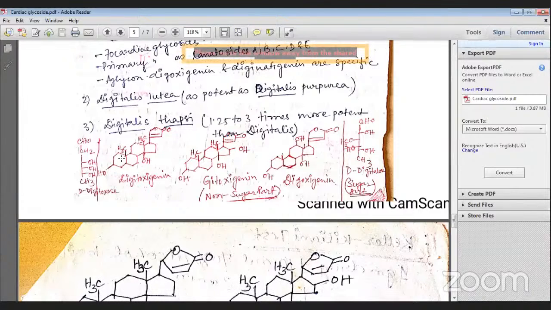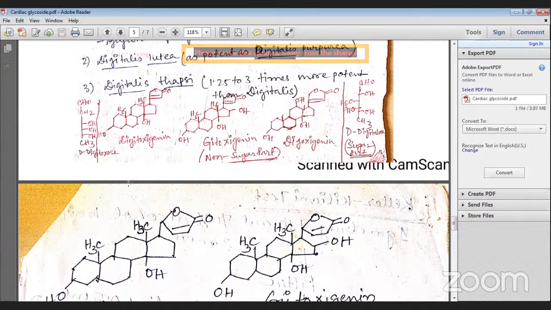This is the genin part, or the aglycone part, and this is the sugar part. So both the sugar part and the non-sugar part combinedly form the glycoside.